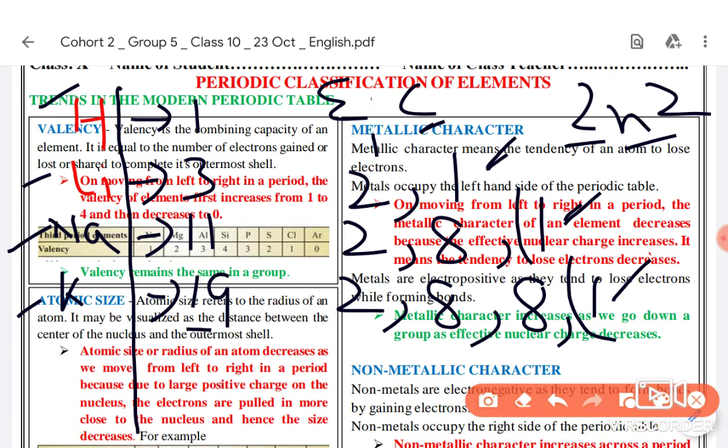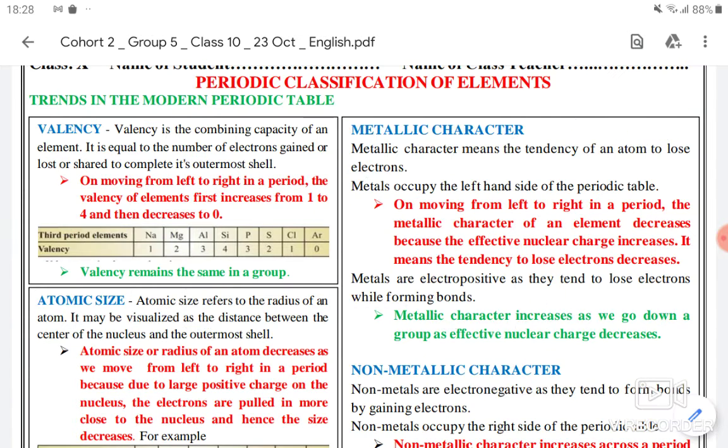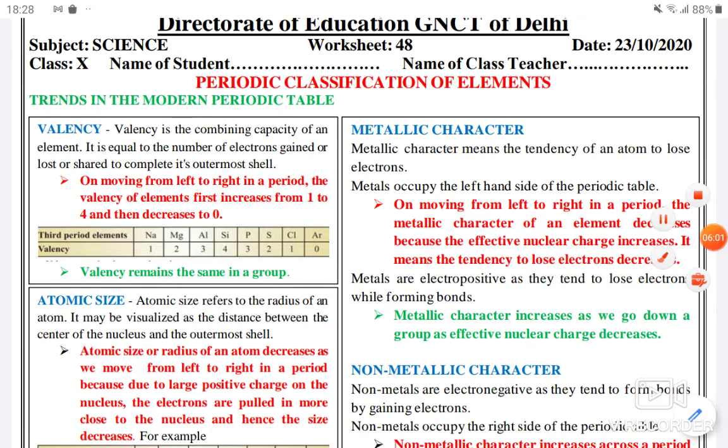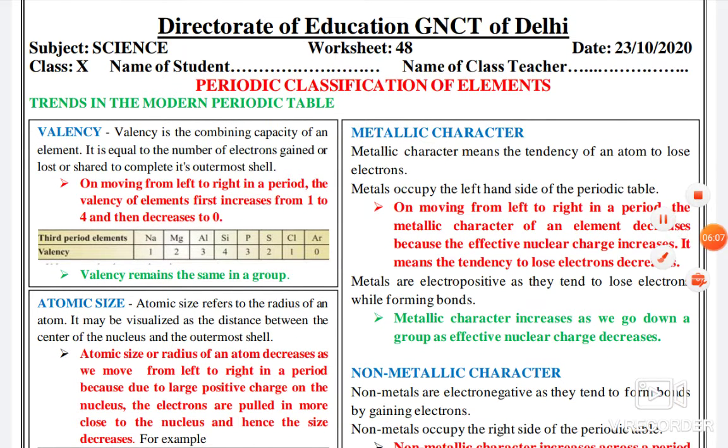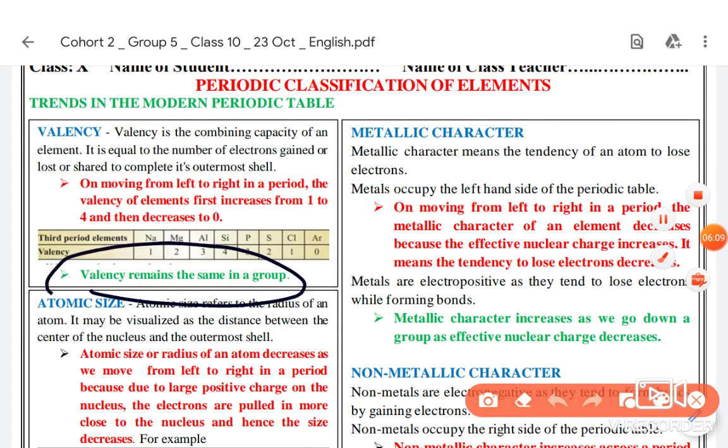So we can easily say that in a group the valency remains the same, because the number of valence electrons is also the same.